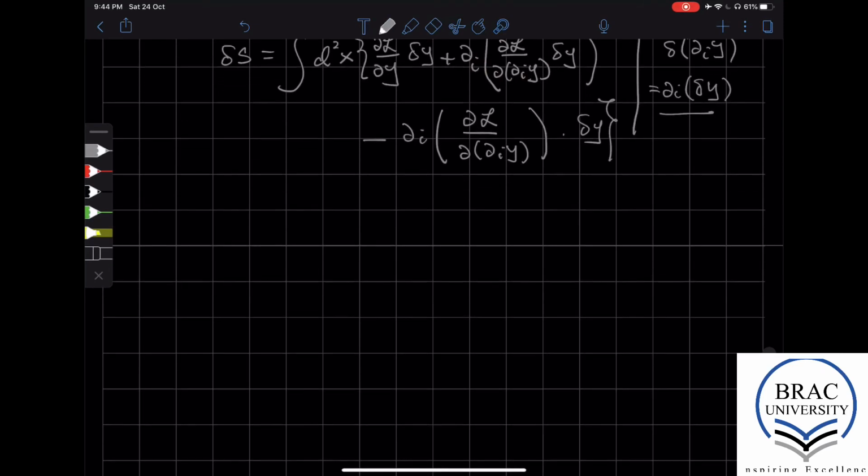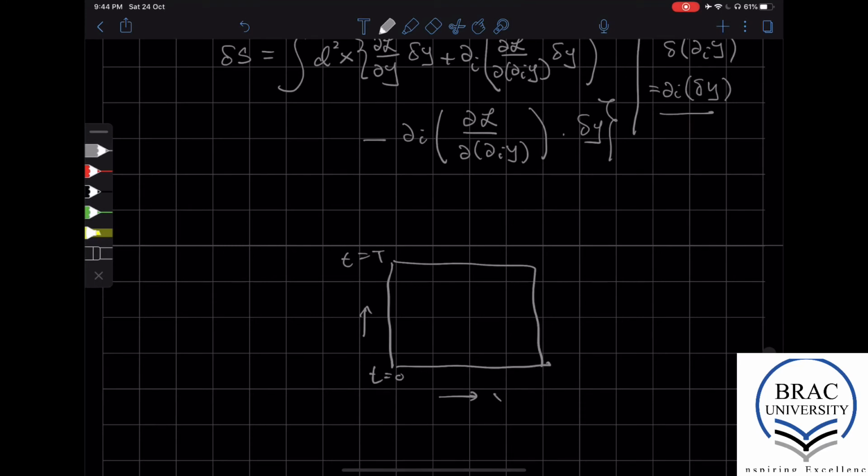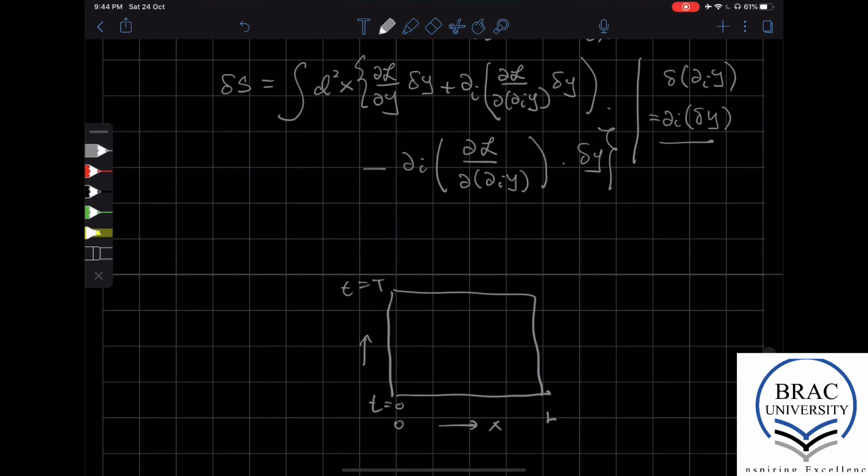So we have some space time. This is t equals 0, and here we have t equals big T. Time goes that way, and space goes that way, and this was 0, and this is L. So the second term now becomes a boundary integral over the whole boundary.